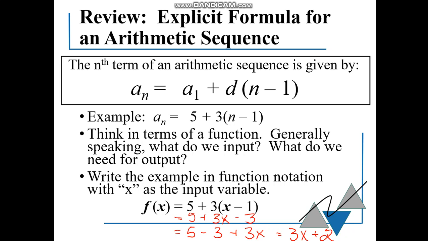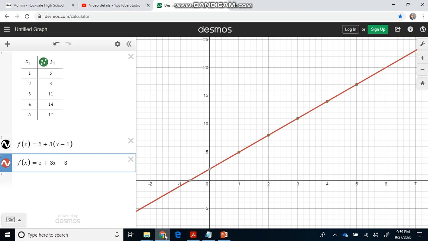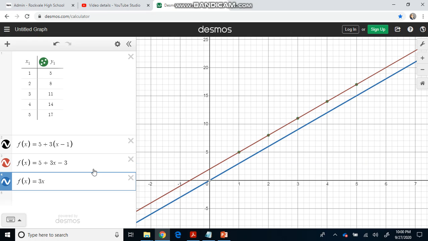And that actually looks like an equation of a line. So f of x is equal to 3x plus 2. So I've got 3 different lines on top of each other: a black line, a red line, and a blue line.